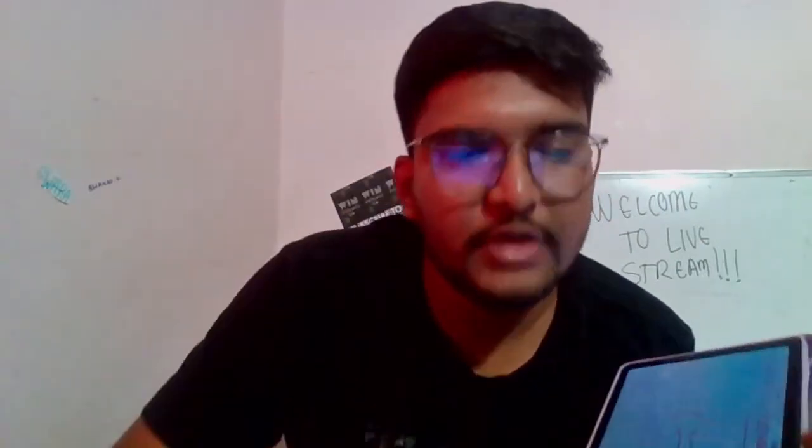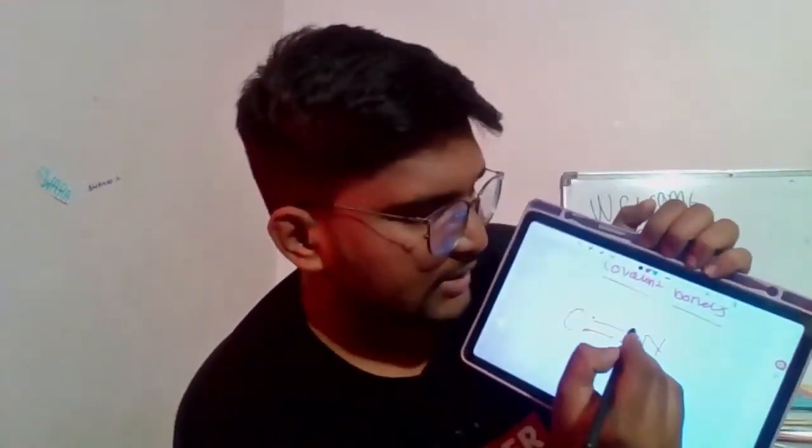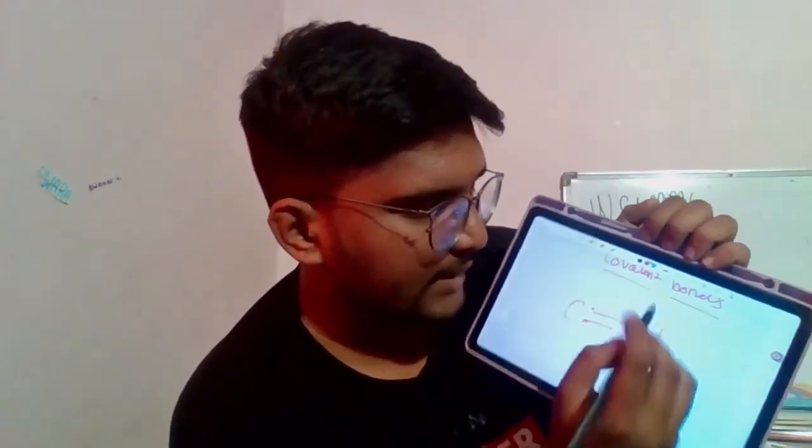So the electronic configuration of nitrogen is 2, 5. That means it has 7 electrons in total. Out of these, let us take 3 electrons, 1, 2 and 3.